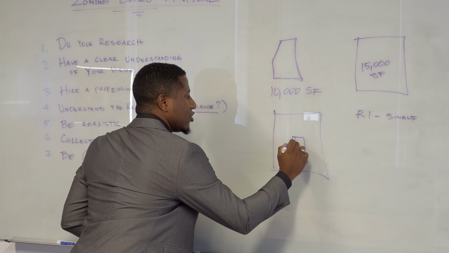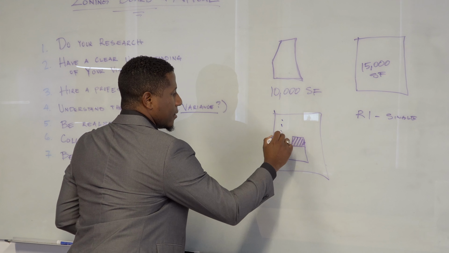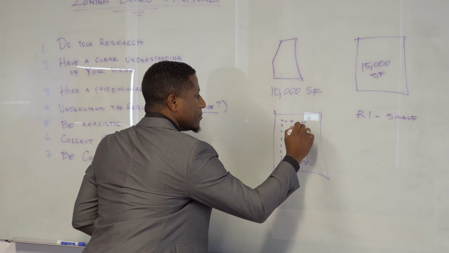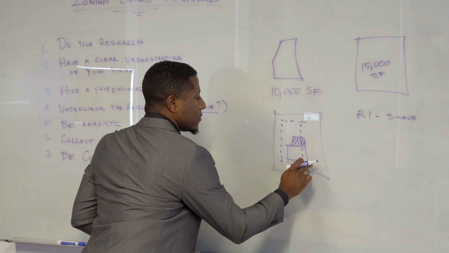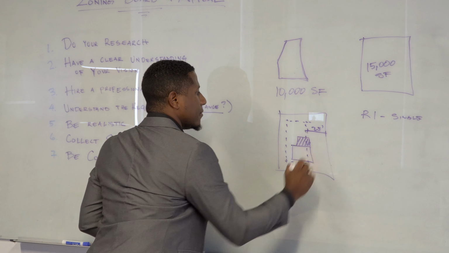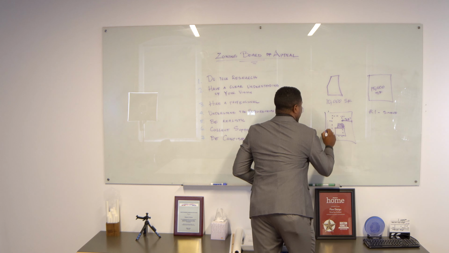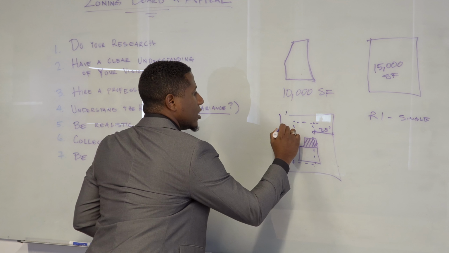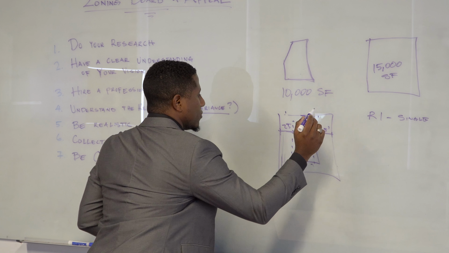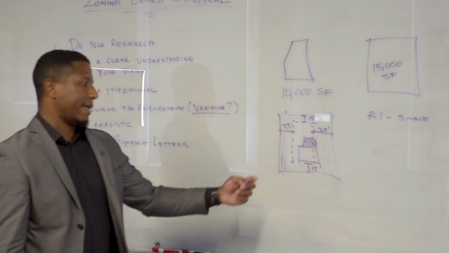Let's say you want to do an addition at the back of your house, and let's say on this end the setback is 25 feet. Let's make it equal here, it's 25 feet. The back, let's say, is 15, for example. The front, let's say, is 15, just to make it dramatic.